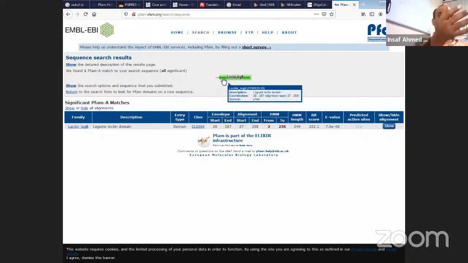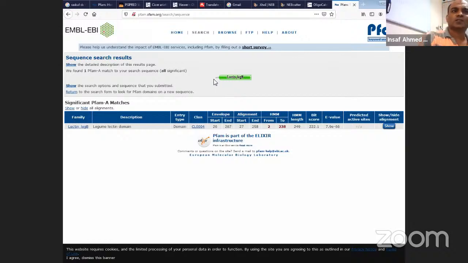So if you feel that you want only the lectin region or lectin domain, then you can trim this region when you are going to amplify. But generally, when you do not have a signal peptide or transmembrane region, there is no logic to remove it, and just 26 amino acids are not going to hurt your protein. So let them be there.